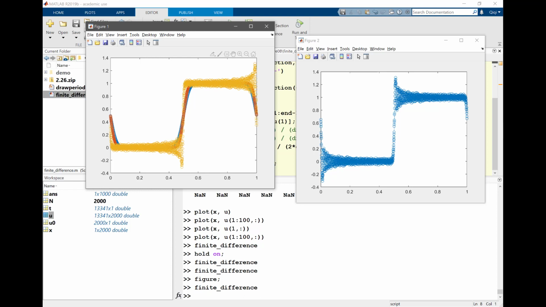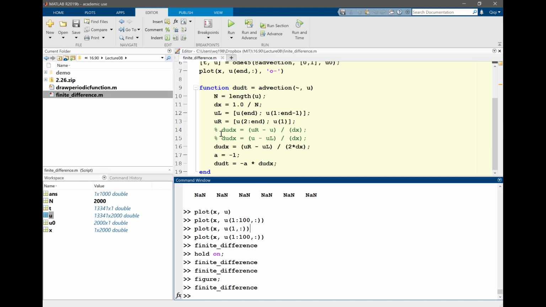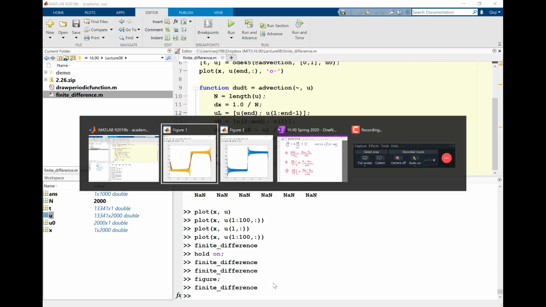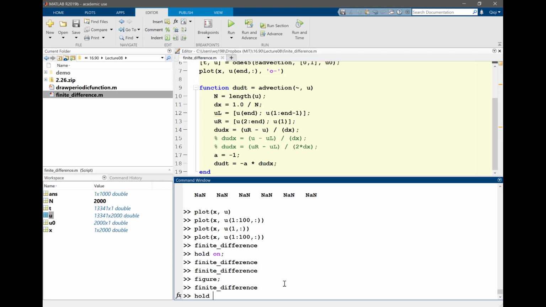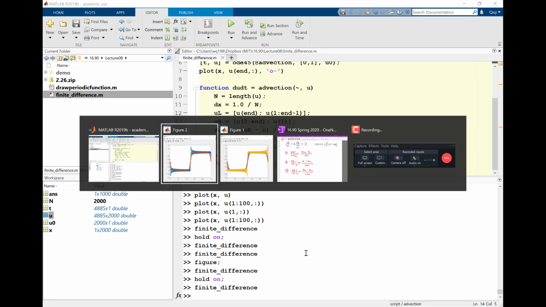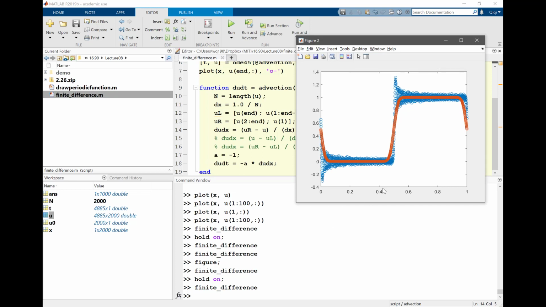So by this logic, the two first order schemes are working also in the opposite way. We expect that if we now use the unstable scheme in the previous case, we should actually get a working solution, right? Let's try that. Move to figure 2, hold on, and we run it. And that is the case, right?